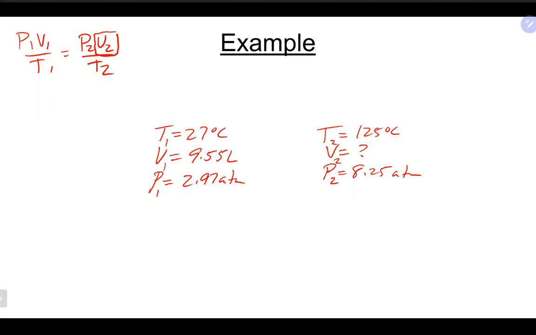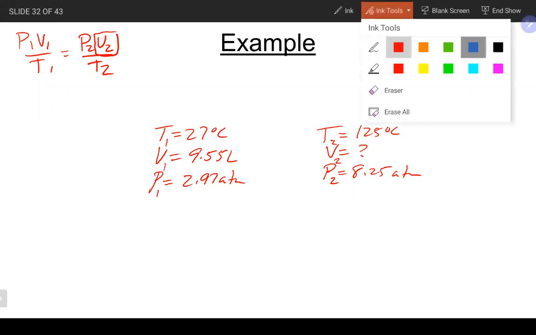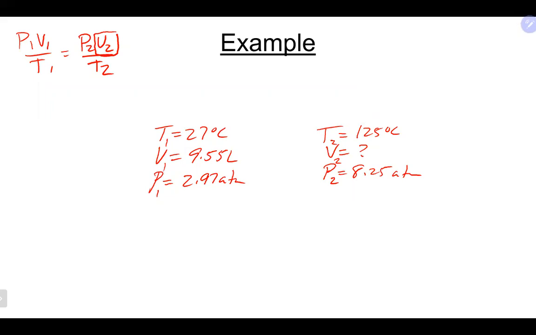That means in this particular case, we actually need to move to the other side both P2 and T2. So the P2, which is on top, will end up at the bottom, and the T2, which is at the bottom, when it goes to the other side will end up at the top.